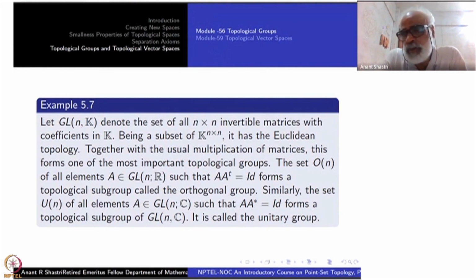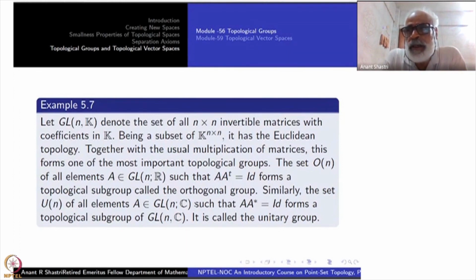So in other words, you have to take only invertible n cross n matrices, invertibility with respect to multiplication. So that will form a group, and the group laws are continuous. How do you take the inverse of an invertible n cross n matrix?